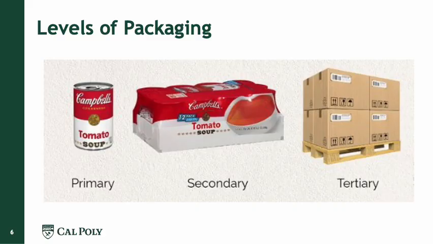And then these will be our tertiary package. And then we have many of these pallets put together, let's say, to ship abroad, and that will be our quaternary package. So these are the different levels of packaging. I would encourage you to think about an example of a food product that you consume regularly and describe these levels of packaging: primary, secondary, tertiary, and so on.